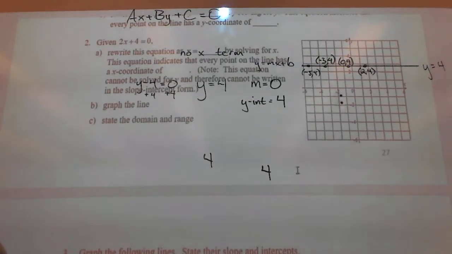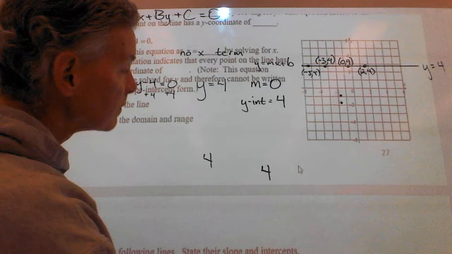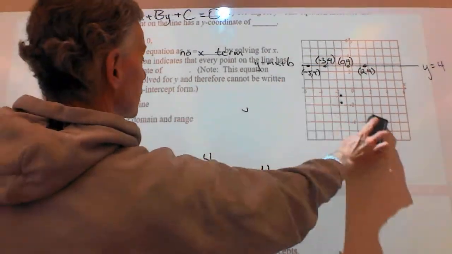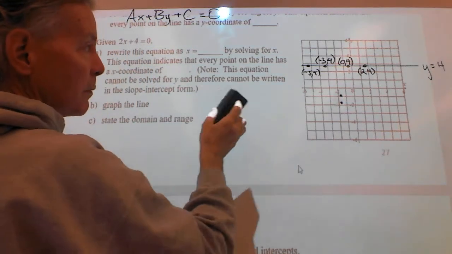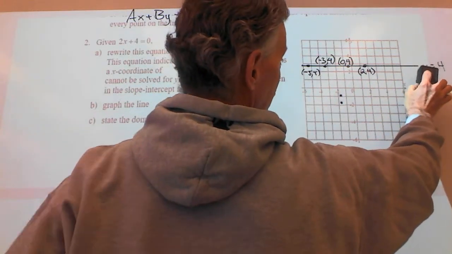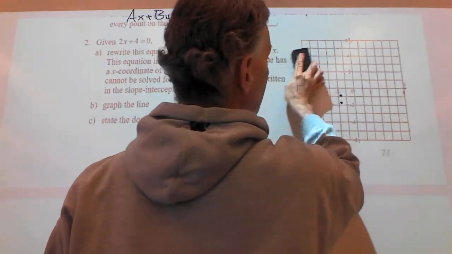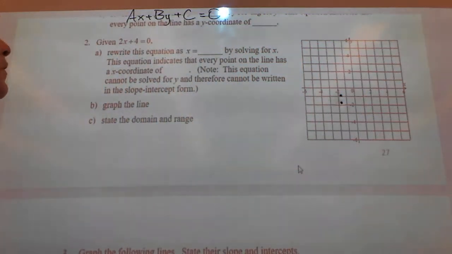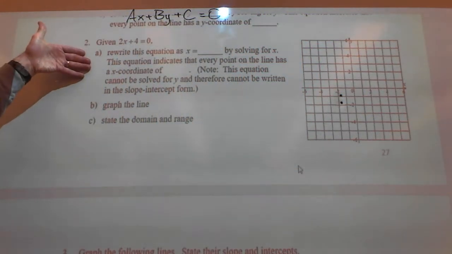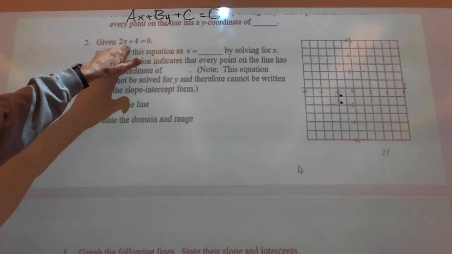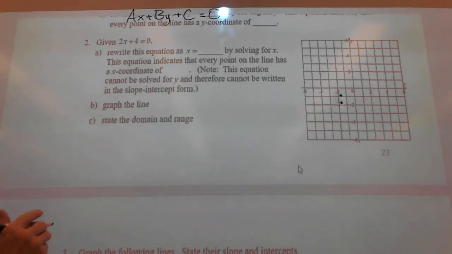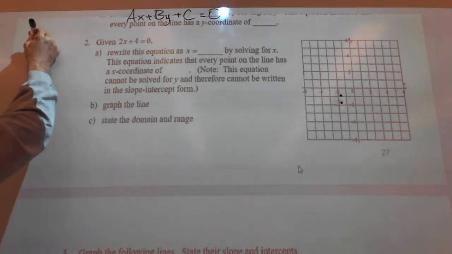Okay, so let's try this one. So, what we looked at just previously was horizontal lines. Now we're going to look at vertical lines. Okay? So given 2x plus 4 equals 0, first thing you should notice, this one is different from our last one, and I'll just write our last one here.